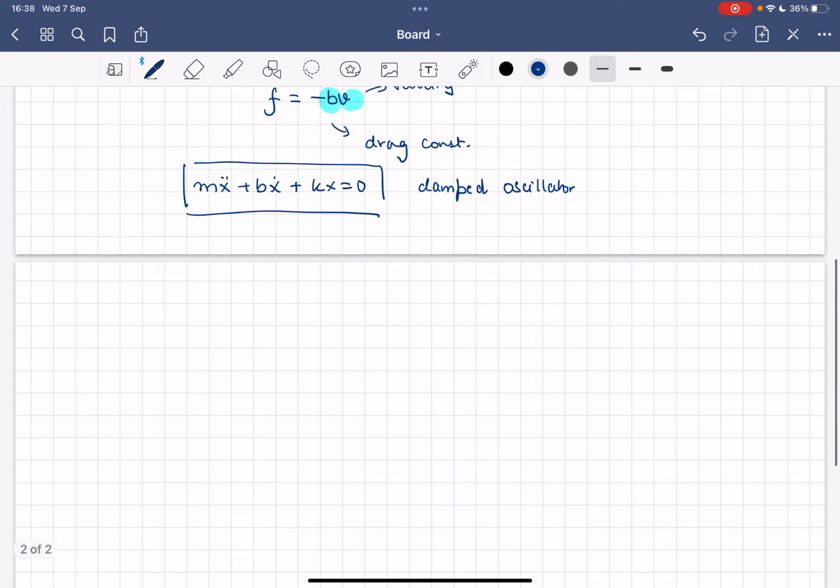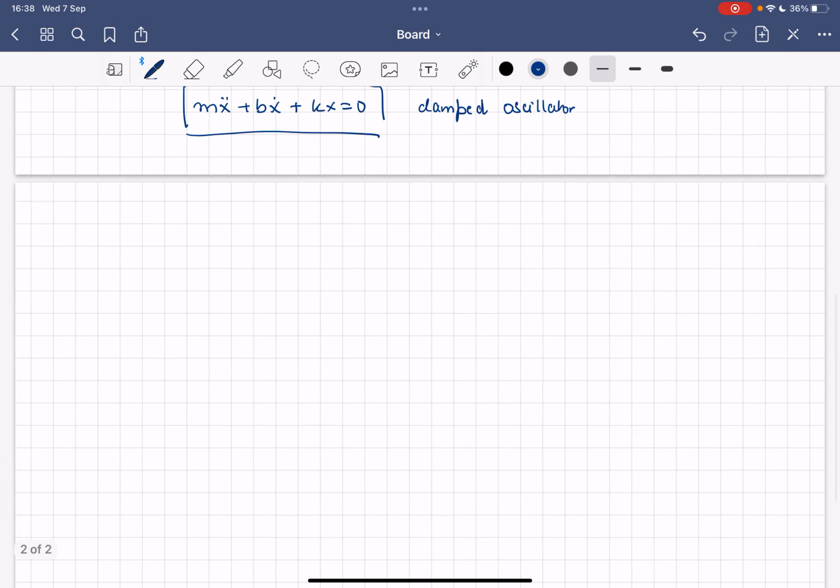Now let's try to solve this differential equation to get the solution. I divide the whole equation by m, so it will be x double dot plus b x dot divided by m plus k by m x equals 0. I will replace b by m and k by m with new variables: let's say beta, and let's say omega naught squared.